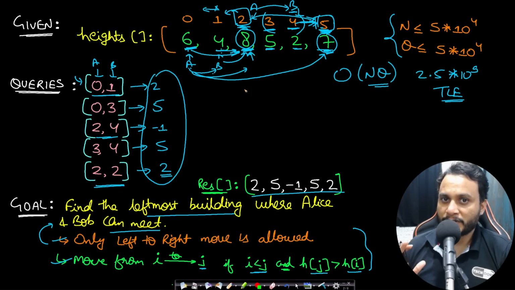If you have understood this example carefully, then you have already understood that this problem is all about finding the next greater element in a given range, like what we were doing for this 0 comma 3.